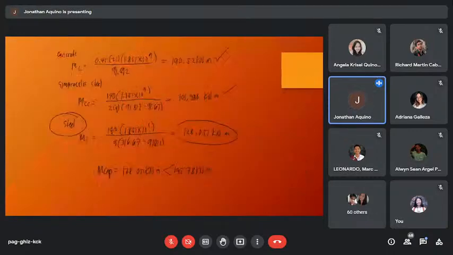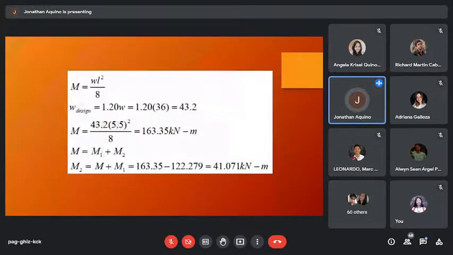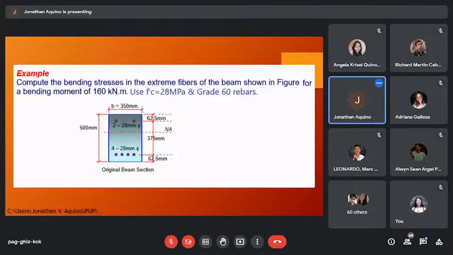Okay, any questions? Okay. So another for your exercises. Okay, for your exercises, ito naman, ang given naman, investigation pa rin, kaya lang, the required is the stresses in the extreme fibers.